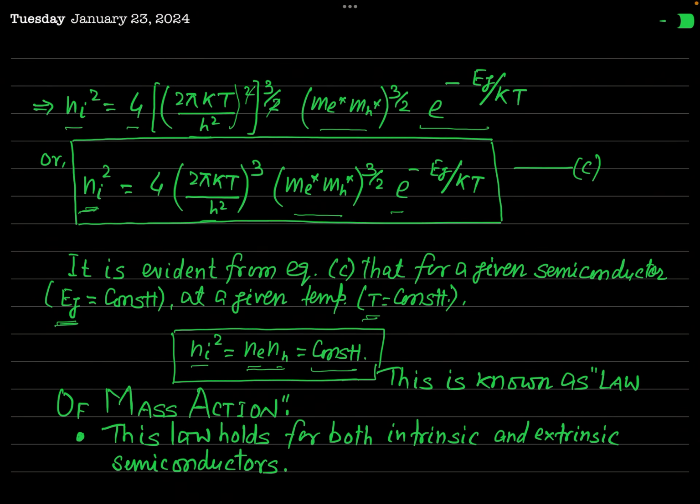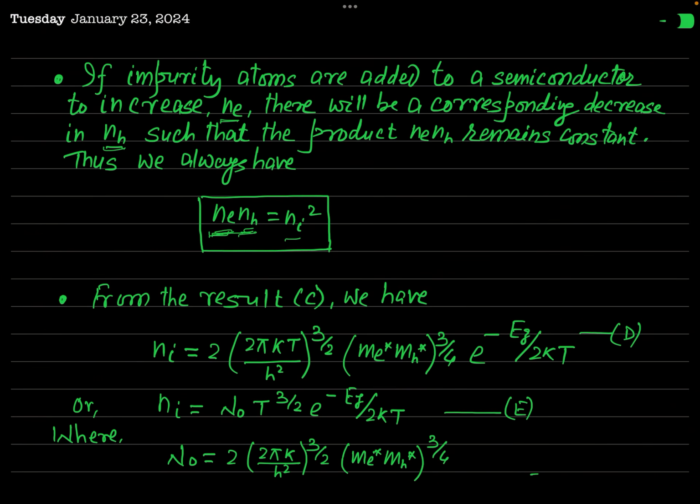Since Ni square is given like this, which is defined in equation C, you take the square root of the RHS of equation C. After taking the square root, we get Ni equal to 2 times (2 pi kT over h square) whole to the power 3 by 2 times (Me star times Mh star) whole to the power 3 by 4 times exponential raised to the power minus Eg over 2kT.